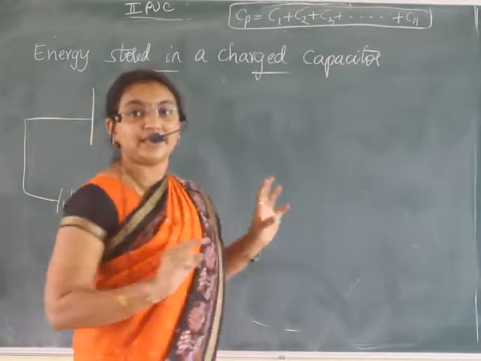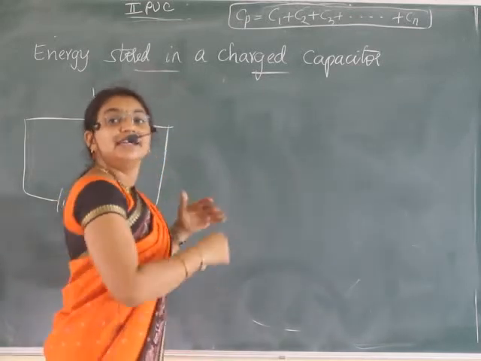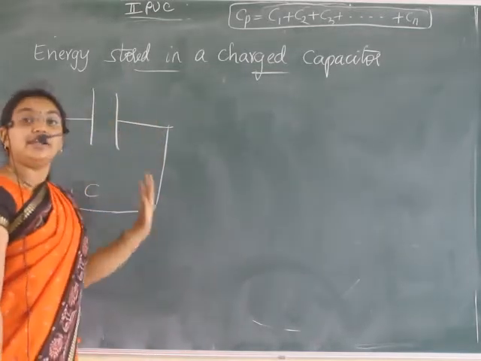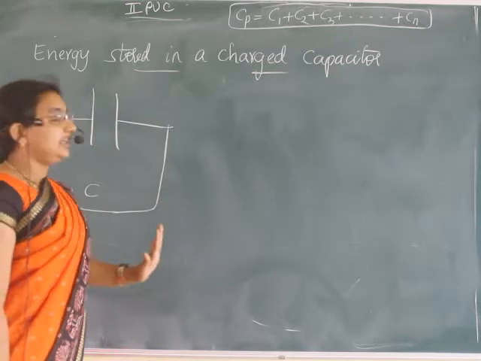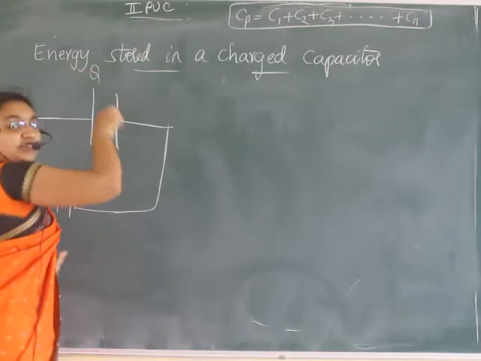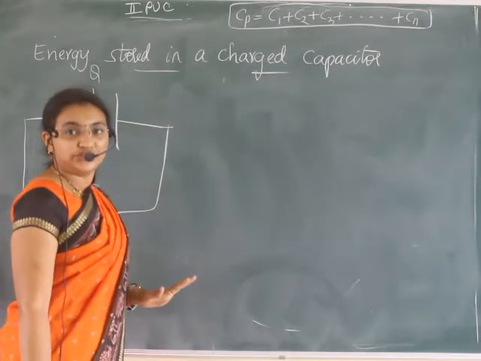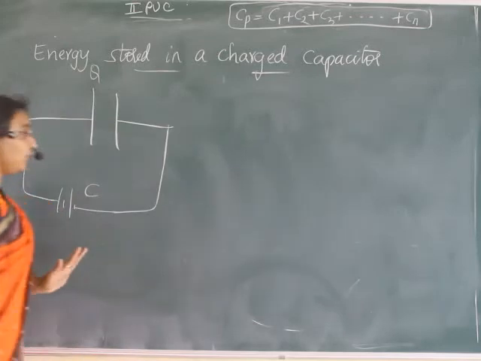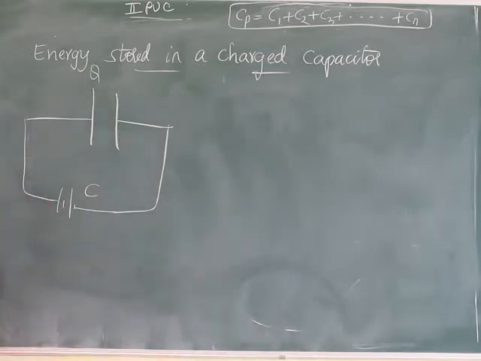In the same way, when I connect the battery to this capacitor, it starts charging, and it will be fully charged. Let Q be the charge when it is completely charged, and let V be the potential across it when it is fully charged.